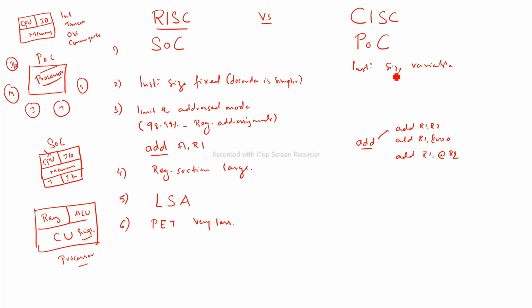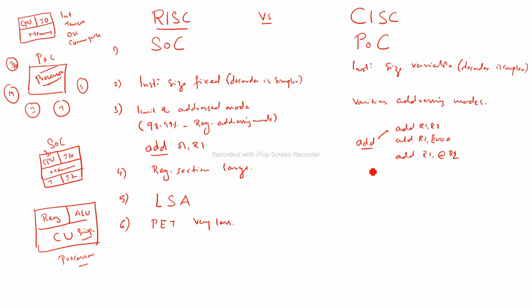As the size of the instruction is variable, the decoder is very complex to construct. And why is it so? Because it is going to support various addressing modes.